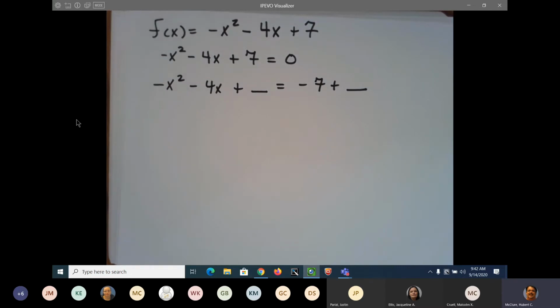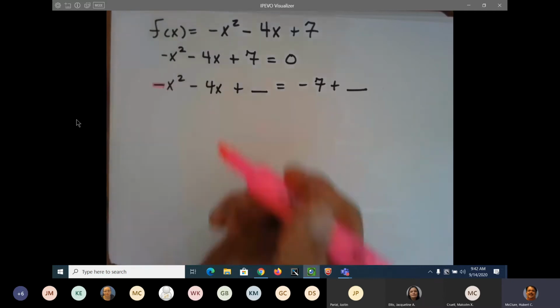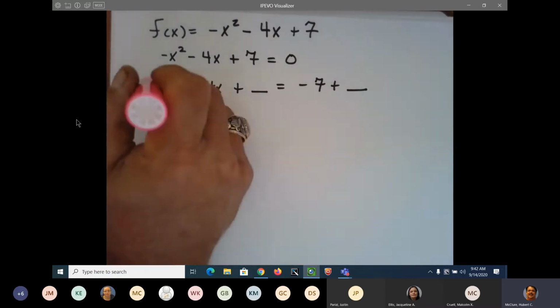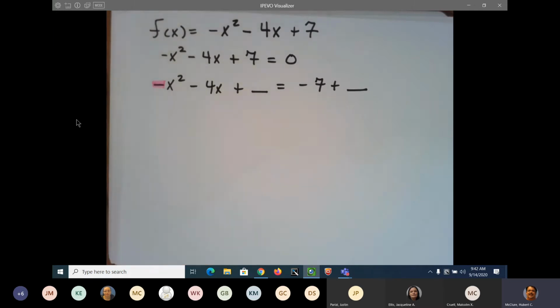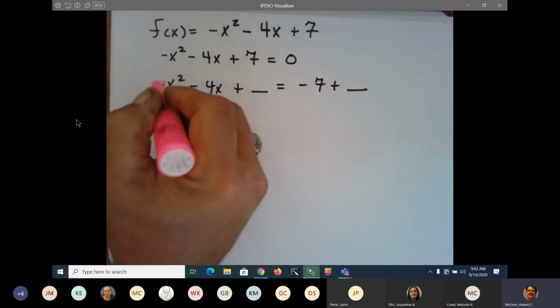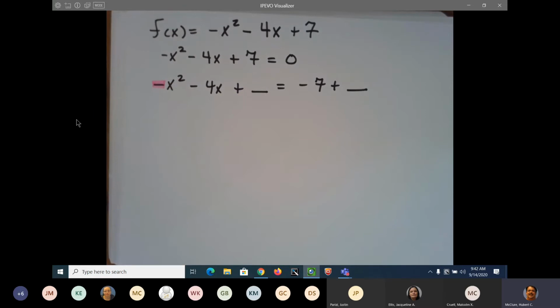Okay, now I've got to address my negative. So I'm going to mark that in pink because that is the next thing we address. What about completing the square, Hubert? You can't complete the square until this is a 1. That has to be a positive 1 before you can complete the square.